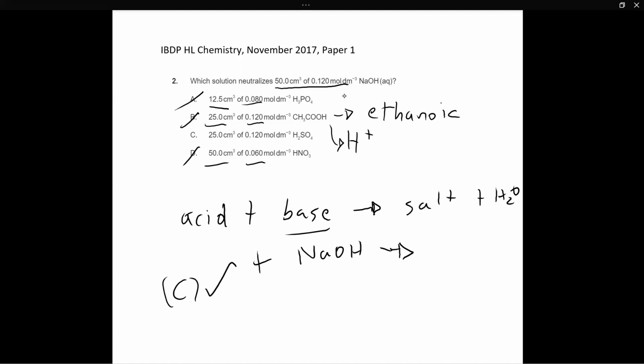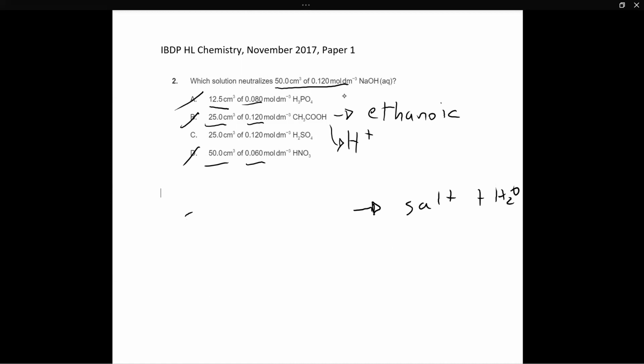Now, if you want to understand why it is this and delve a bit deeper into the concept, I'm going to discuss that as well. So basically, H2SO4 is a diprotic acid. Supposing you have 1 mole of sulfuric acid, I'm just going to call it SA for now.